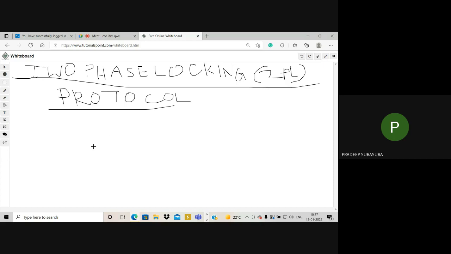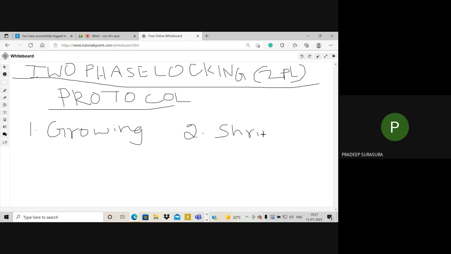Two-phase means two steps. Phase means steps, so two steps, two phases. One textbook says the two phases are the growing phase and the shrinking phase.